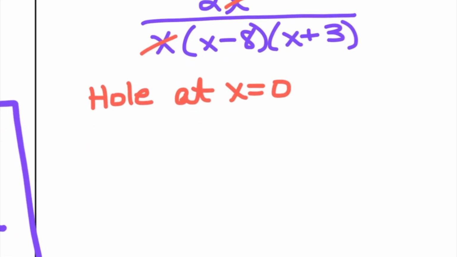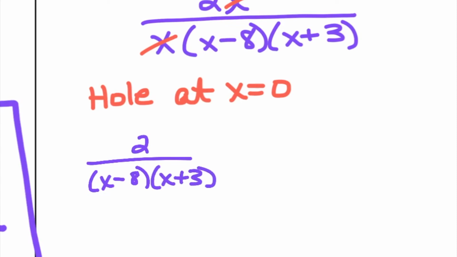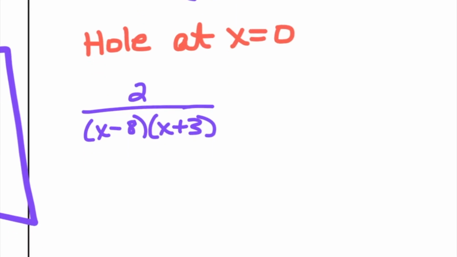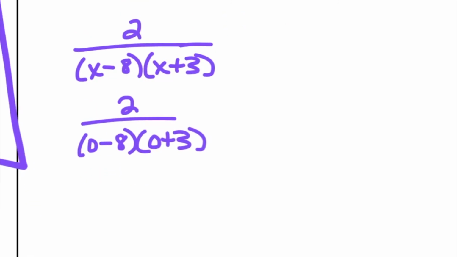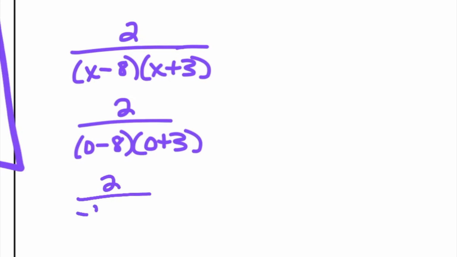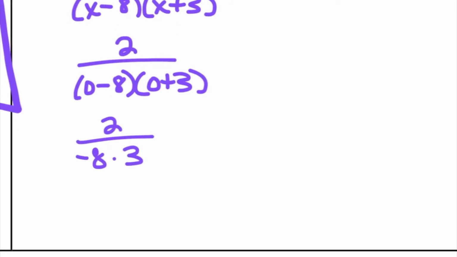To find the y value of the hole, I'm going to take the 2 over the x minus 8 times x plus 3, and substitute 0 for the x's. So 2 over 0 minus 8 times 0 plus 3. So that's 2 over negative 8 times 3. 2 over negative 24 is negative 1/12.